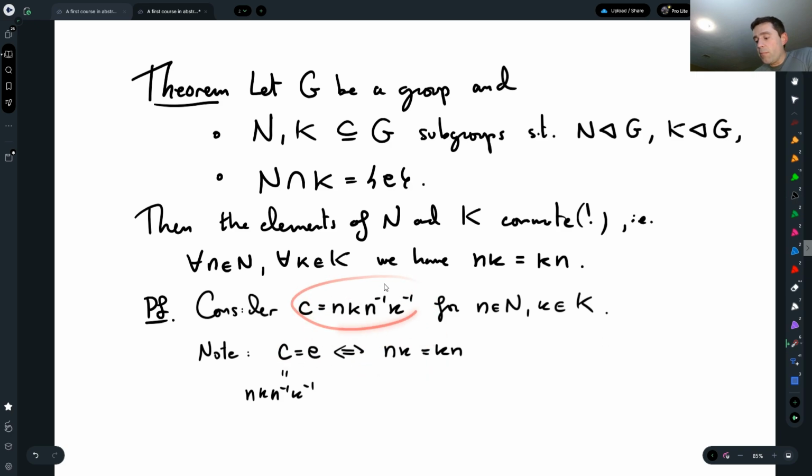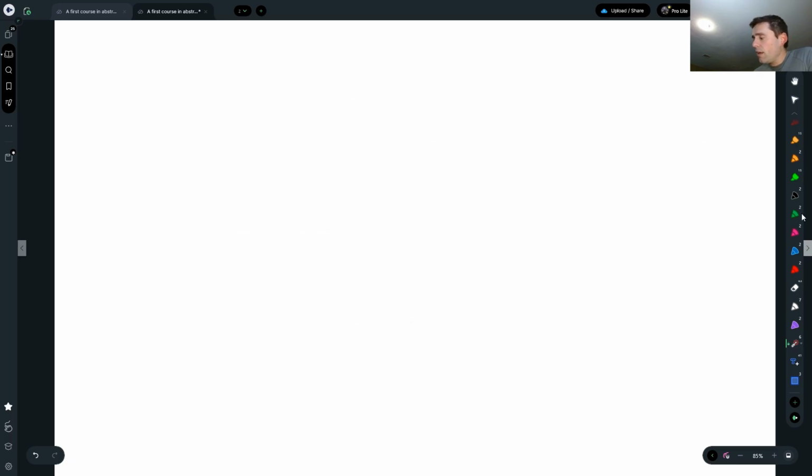So let's prove that this element is the identity. And here's how I'm going to do it. So let's write again n, k, n inverse, k inverse.